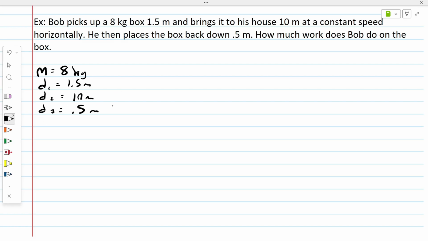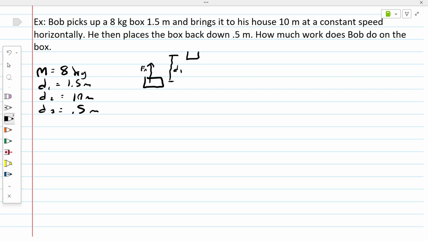So let's draw what's actually happening. First, we have the box, and it's being picked up with a force, applying this force upwards, and it's traveling this distance, or we'll just call it d1. So that's the first situation.